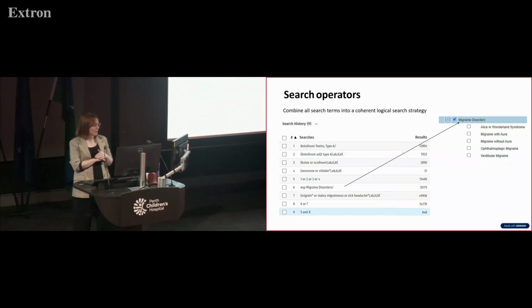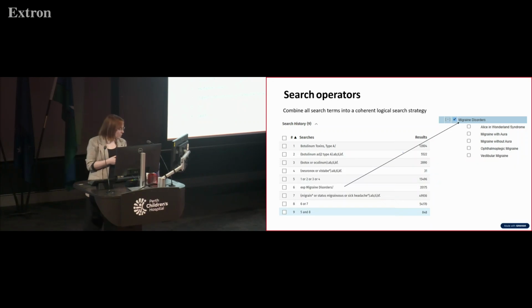And then I've done the same for migraines and combined them in line 8. And then I've taken those 2 lines where I've combined everything and brought it all together with and. You can see that line 5 and line 8 have quite substantial numbers, but when you combine them with and, it really reduces your numbers to give you only the results that are talking about both of your search concepts.